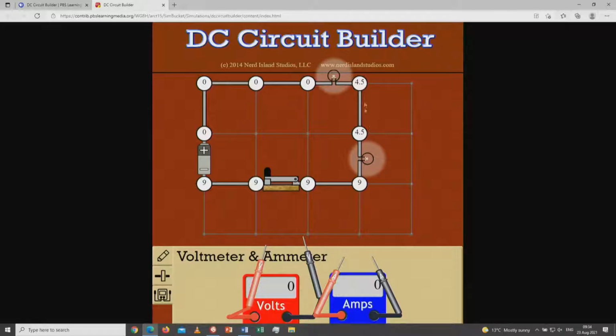You'll also see that the same potential across this conductor is found on both ends of the conductor. So you have 4.5 volts at one end and 4.5 volts at the other end.